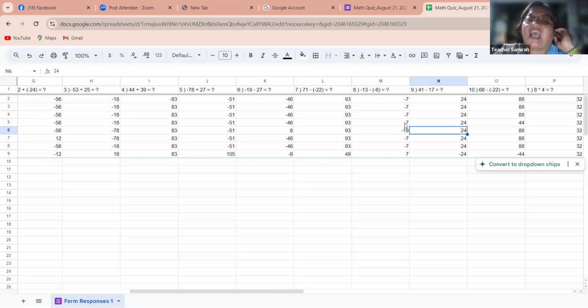Apply the same, change, change. Negative 13 minus becomes plus. So negative 13 plus, and then negative 6 will be changed into positive 6. So negative 13 plus 6.